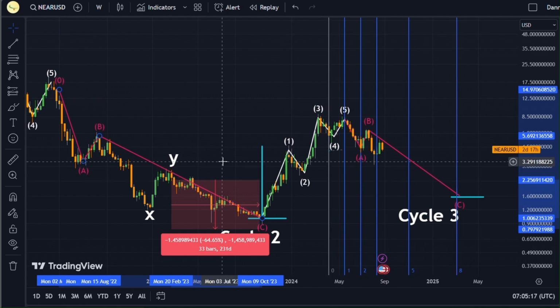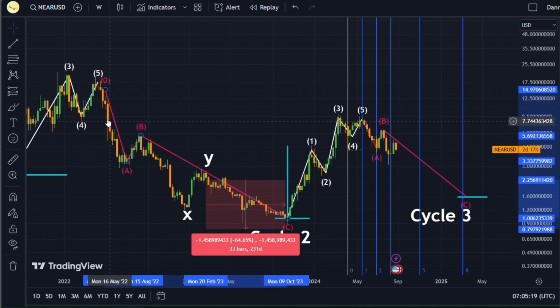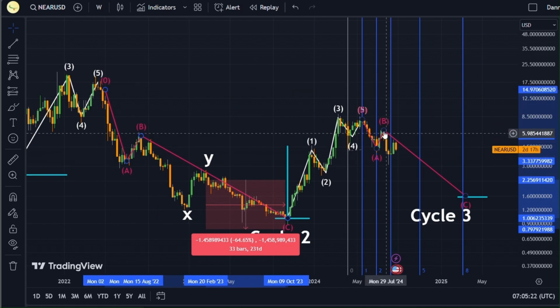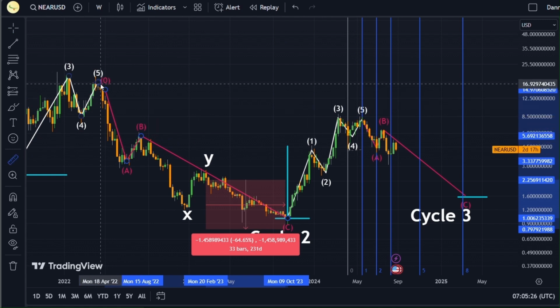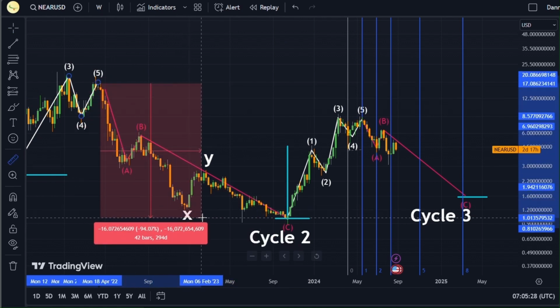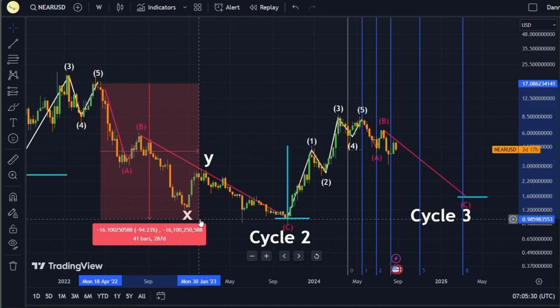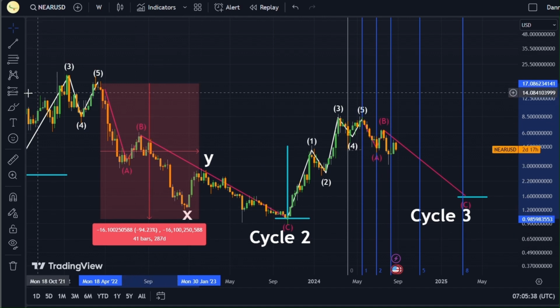If we divide this by this, we will have a fraction to understand how much it can vary. From this point to this point is approximately 40 bars or 287 days. So we are considering 40 bars.